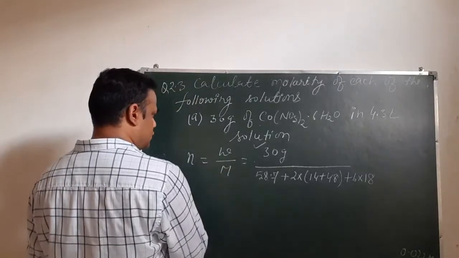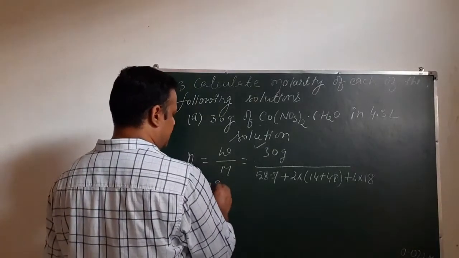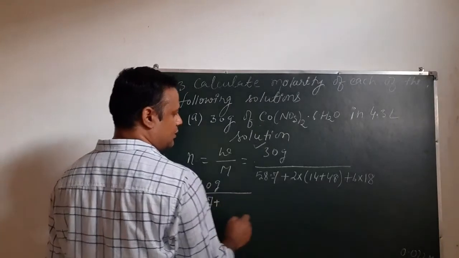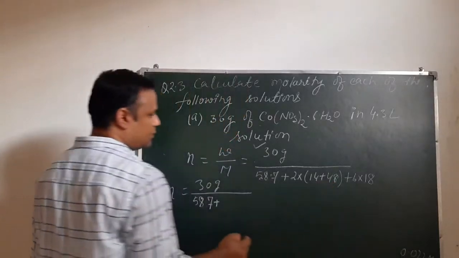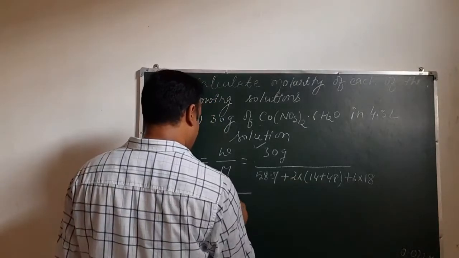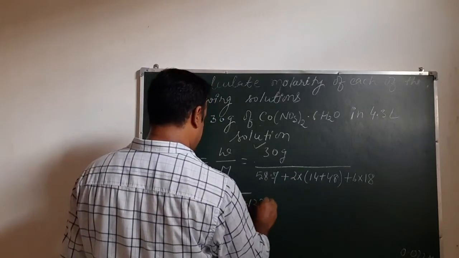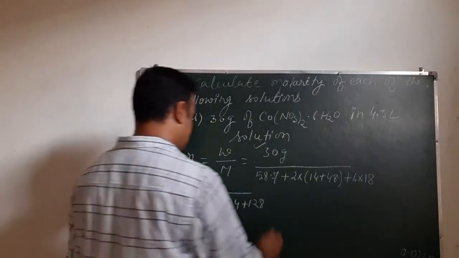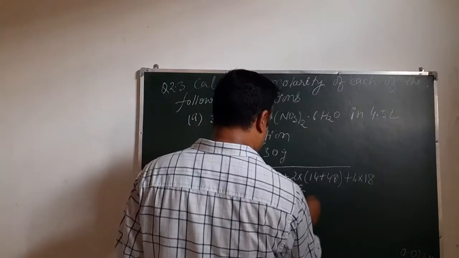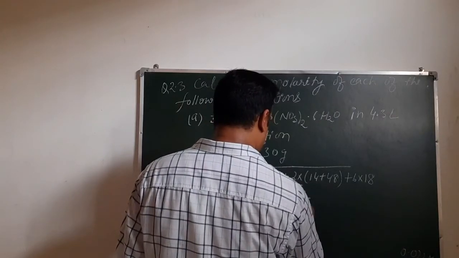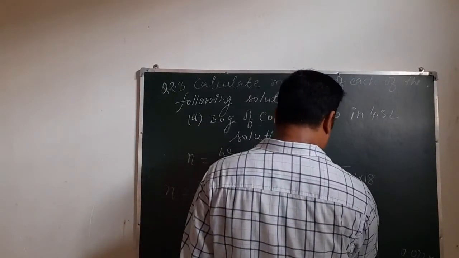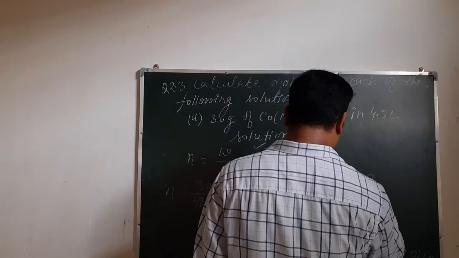So n equals 30 gram divided by 58.7 plus, 48 plus 14 will be 62, 62 into 2, 124, plus 108, and this will be equal to 30 gram divided by 310.7 gram, and this will give approximately 0.0966 mole.